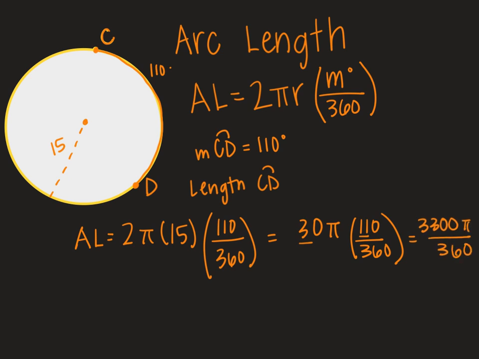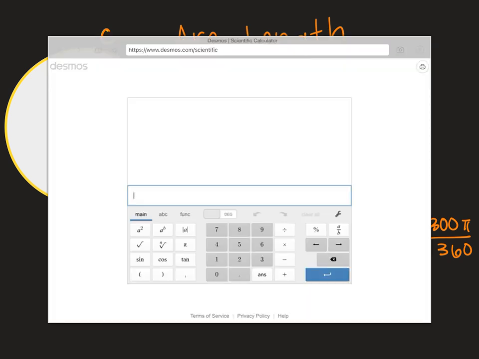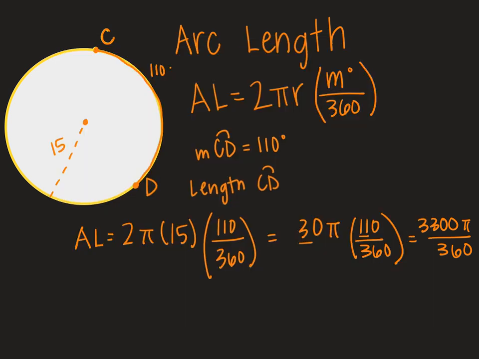Now this we're going to plug into decimals. So we're going to get our calculator again. So we have 3,300 times pi, and then divided by 360. And it equals 28.7979. Okay, so we have the arc length equals 28.7979.